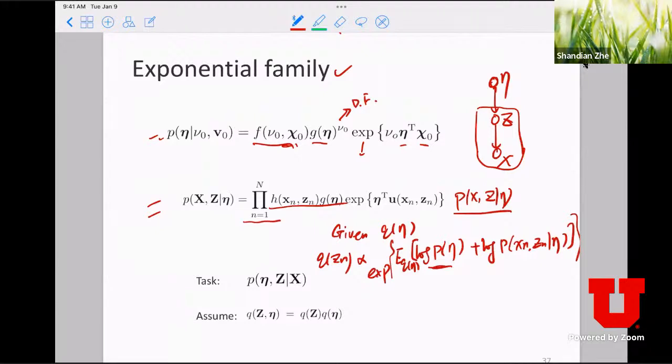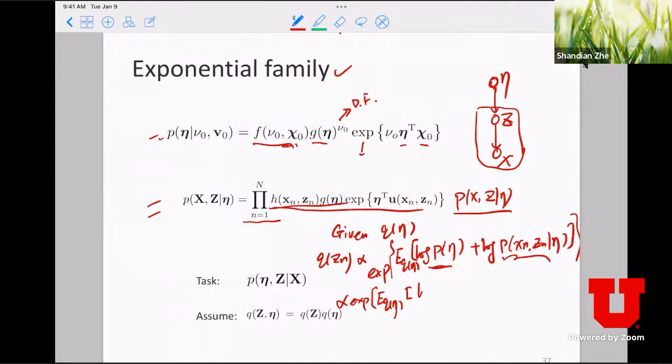So the only term that we care about, or that includes Zn, will be the likelihood of x and Zn given eta, right? Which is this guy. Okay. If we take the logarithm, let me write it down in a more clear way, right? To eta here. So you just throw them out.